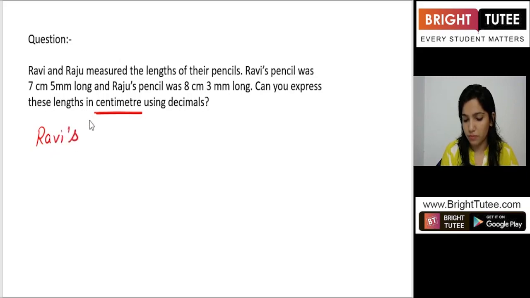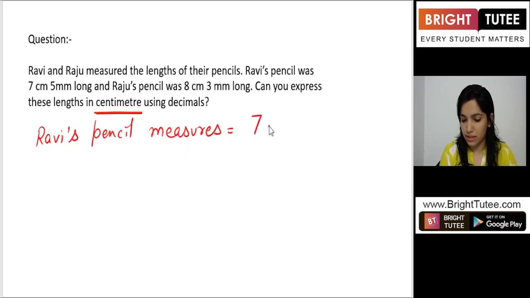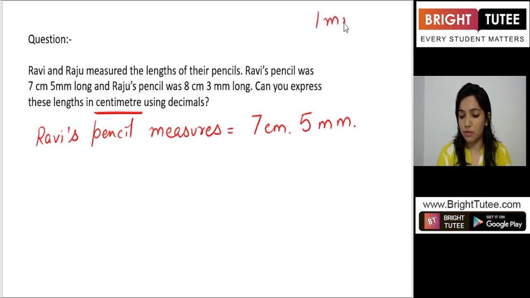Ravi's pencil measures 7 centimeter and 5 millimeter. So I hope you remember, if 1 millimeter is equal to 1 over 10 centimeter, how can I write 5 millimeter?